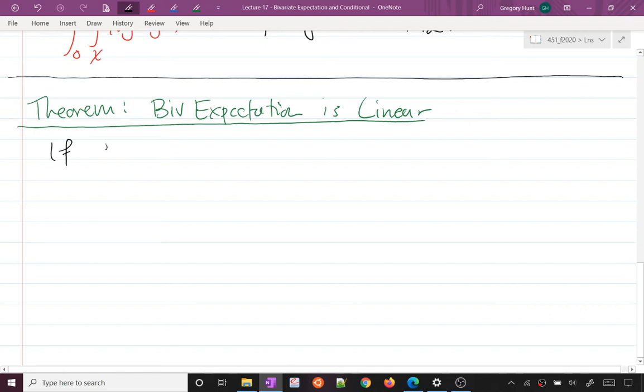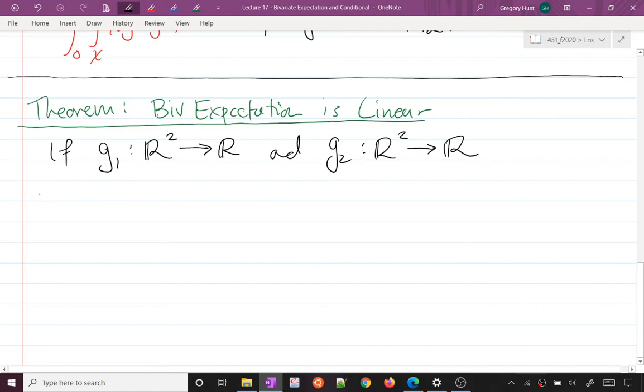If I have a function g1, and my function goes R^2 to R, and I have another function g2, also goes from the real plane to the real line, then for any numbers a and b, we have the following fact.